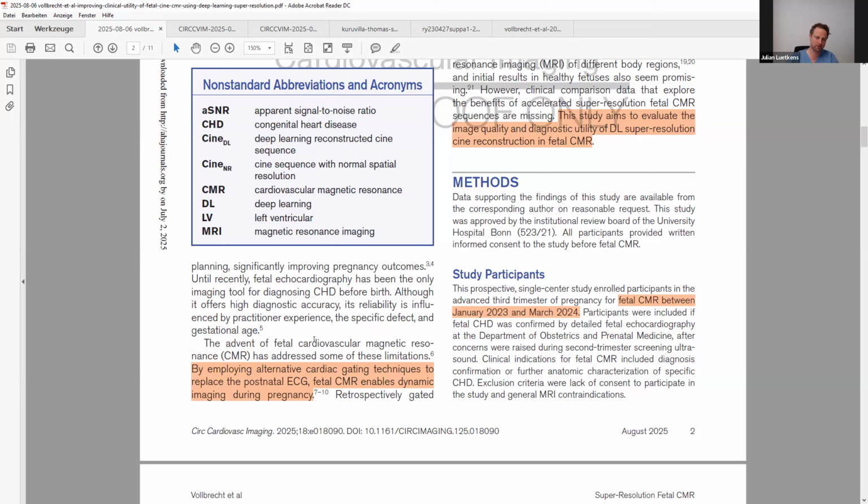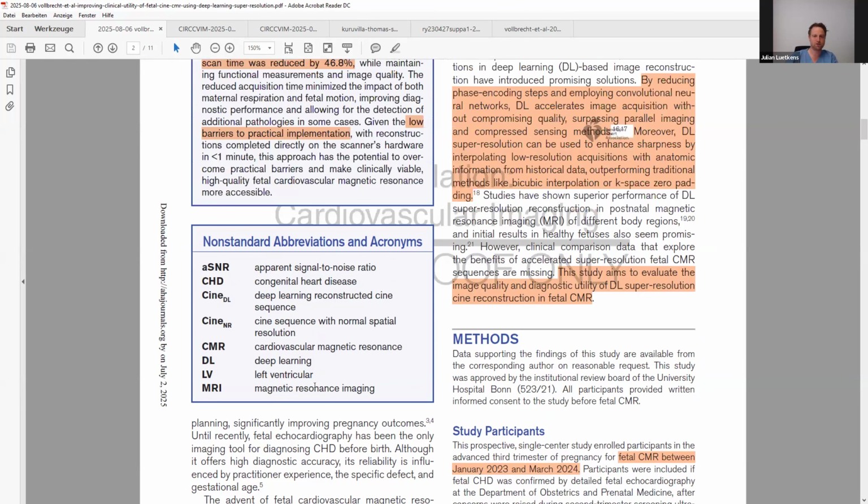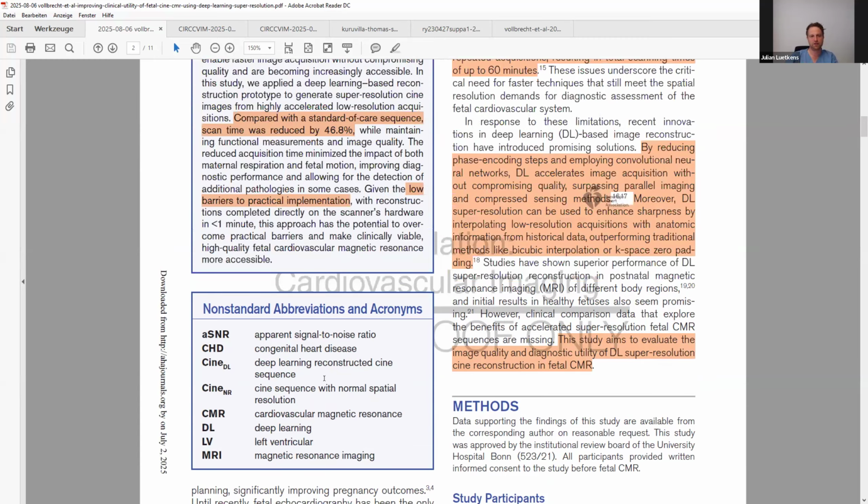So all we need is a trigger point, and then we can do all the normal Cine imaging and also prospective gating, what we used to do for adult CMR, we can then do in the fetus. So I think this is a real game changer, and this technique we also used here in this paper.